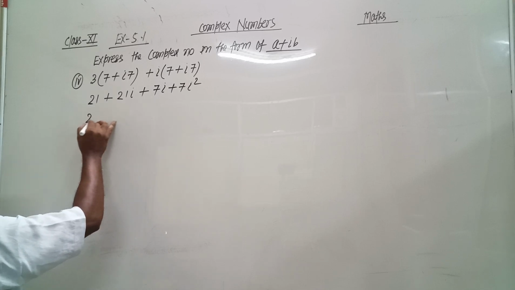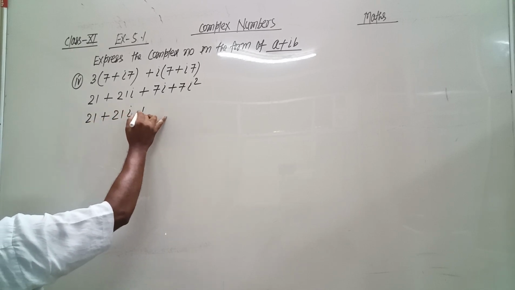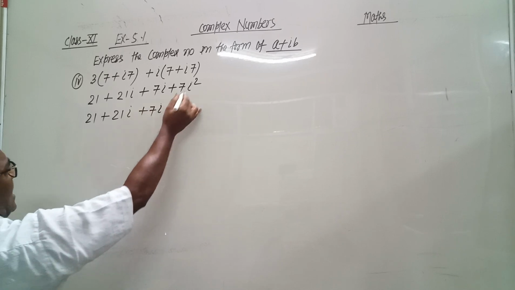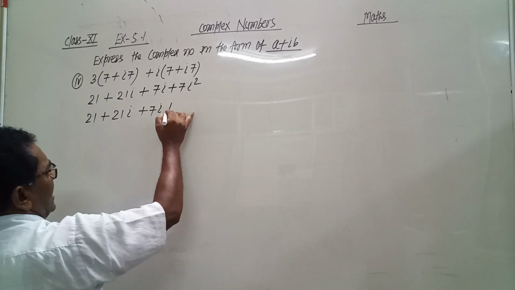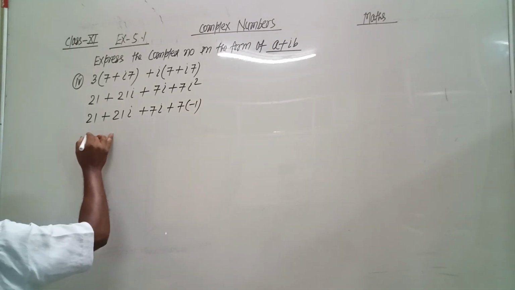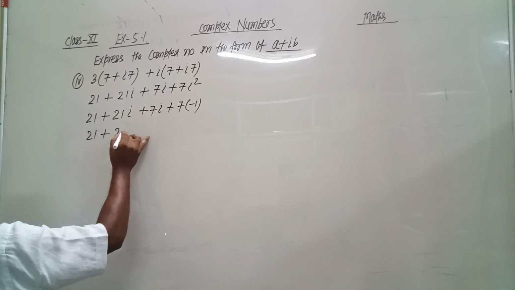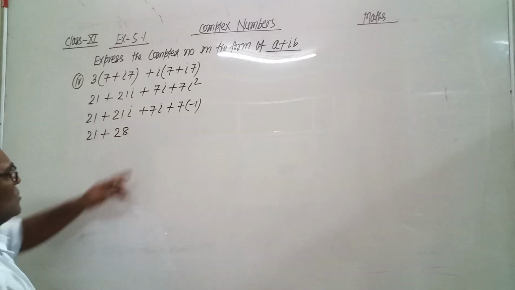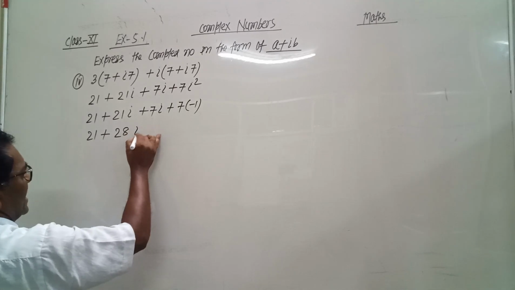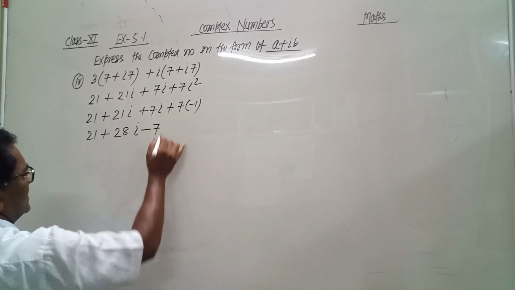Now 21 plus 21i plus 7i plus 7i squared, and i squared is written as minus 1. So we get 21 plus 21i plus 7i, that is 28i, and minus 7.